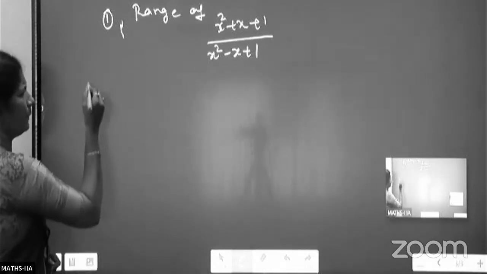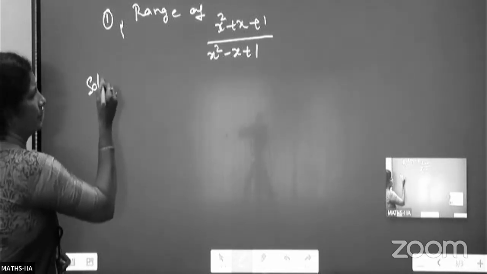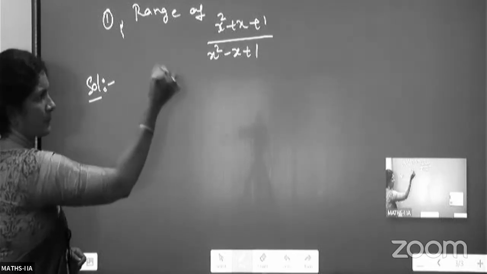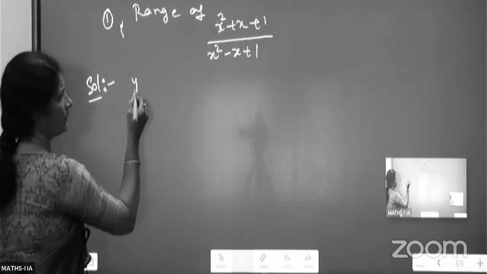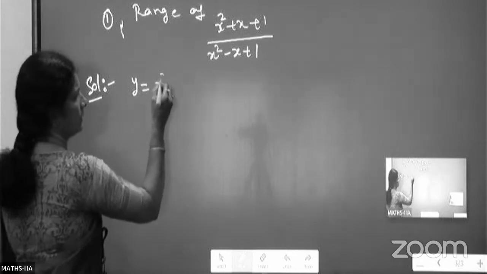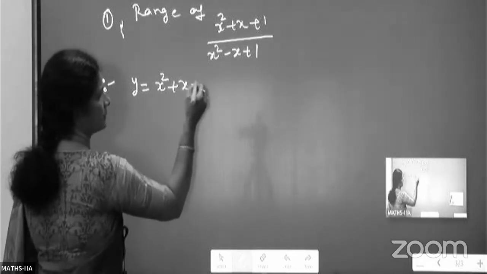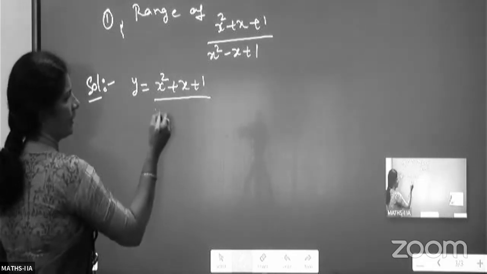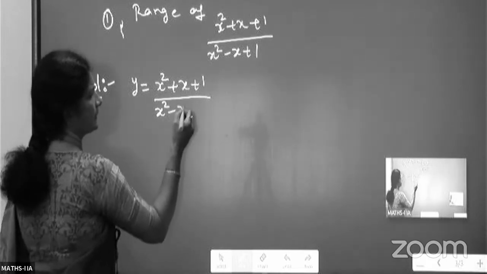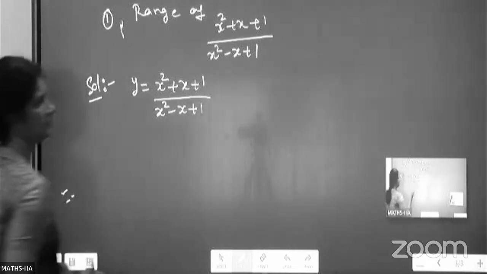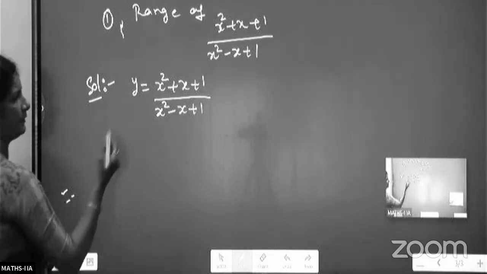For that, simple procedure. See, the procedure goes like this. Whatever the expression is given, take y is equals to x square plus x plus 1 by x square minus x plus 1. Then cross multiply.